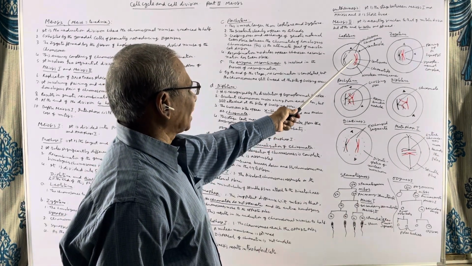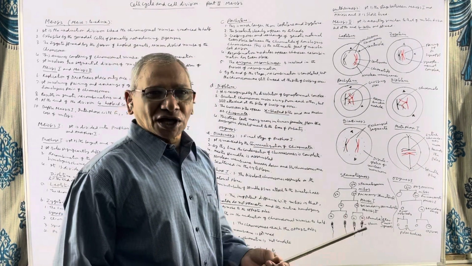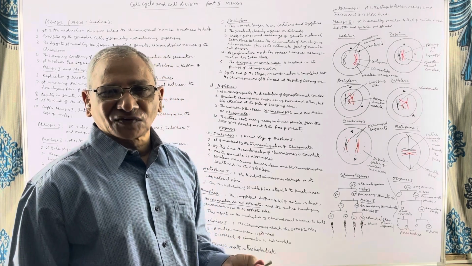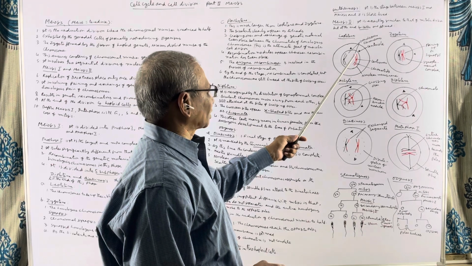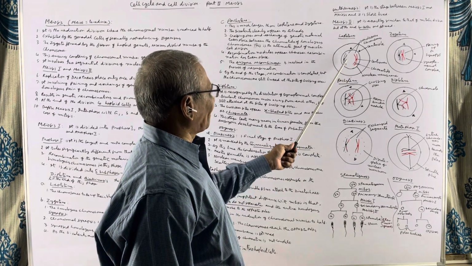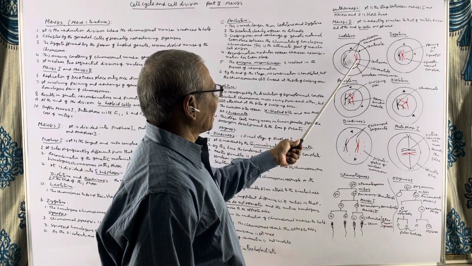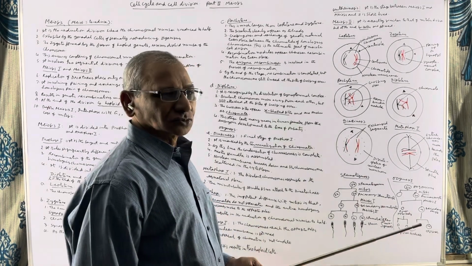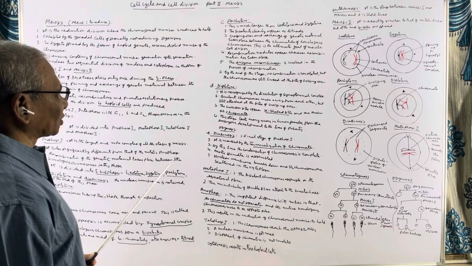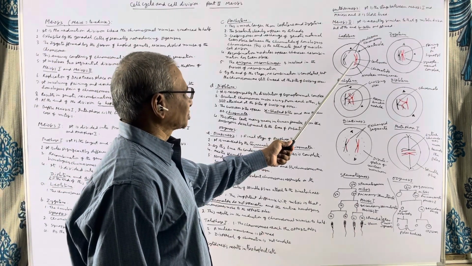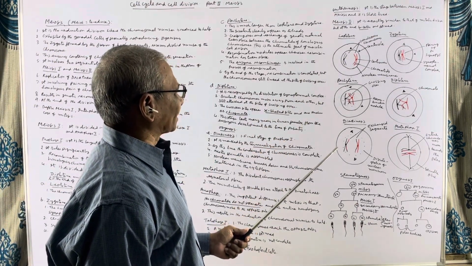I have drawn only one set of homologous chromosomes for the sake of convenience. So this is one set of homologous chromosomes. Let us say this is the paternal chromosome, this is the maternal chromosome. So during prophase 1, leptotene, the homologous chromosomes appear due to condensation of chromatin.